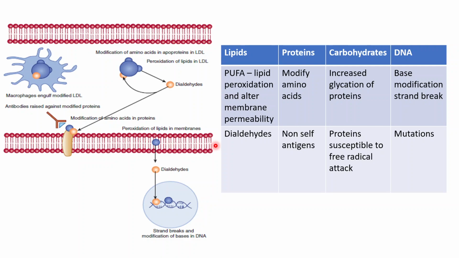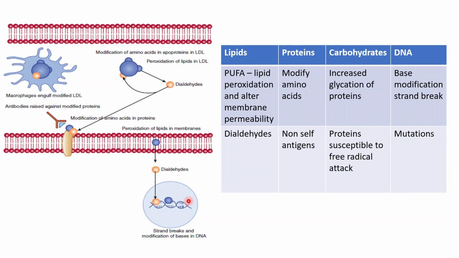These PUFA undergo lipid peroxidation. The free radicals attack them and alter the membrane permeability. They lead to formation of dialdehydes, and these dialdehydes can directly attack the nucleic acid and cause breaks in the DNA strand or even mutation.